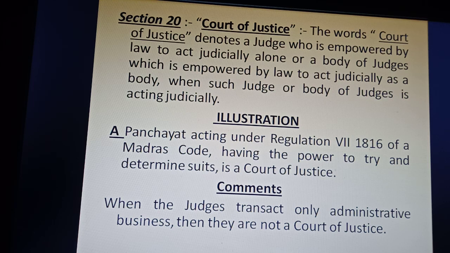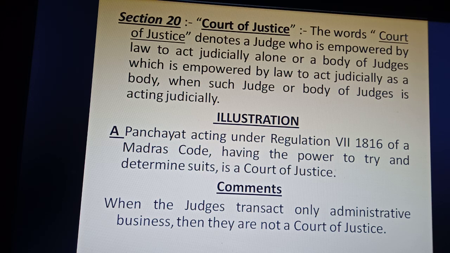Now let us discuss what is contained in section number 20. Court of Justice. The words court of justice denote a judge who is empowered by law to act judicially alone, or a body of judges which is empowered by law to act judicially as a body, when such judge or body of judges is acting judicially.